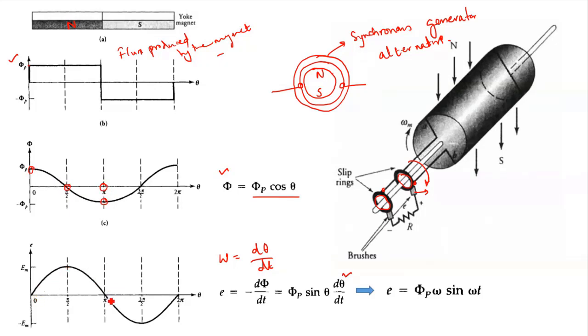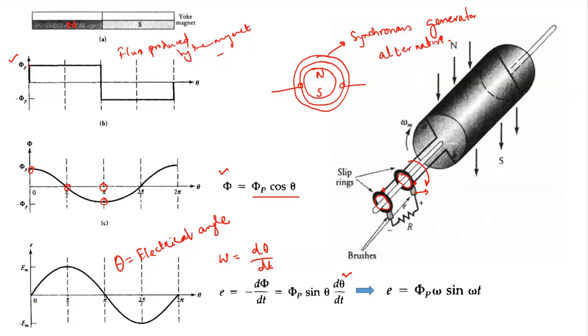And when it completes 360 degrees, your EMF also completes 360 degrees. So if I measure the angle in the EMF, let us say theta, we call that the electrical angle. Please remember, this is very important for the electrical machines course.